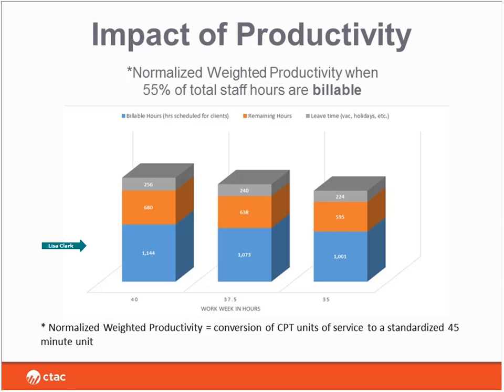So if 55% of your total staff hours are billable, then you can hit these marks. And you can see the impact here on your standard work week, because the fewer hours in your standard work week, the higher percentage of billable hours you're going to have in order to meet some of your revenue targets.